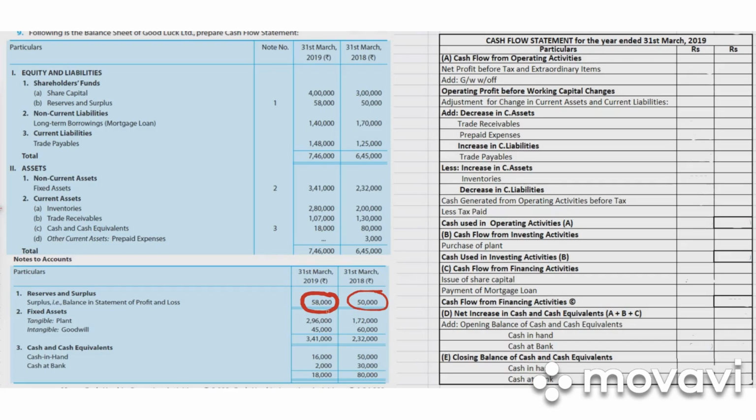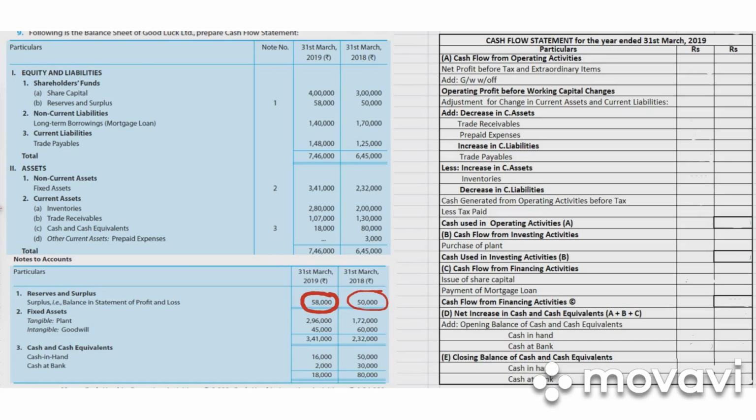So that 8,000 will be the net profit of the current year. In this way we have to compare the figure of the current year with the previous year, then see how much is the increase or decrease. If it is a decrease, it will be a loss. If it is an increase, it will be a profit. Here it is an increase, so 8,000 is the profit.